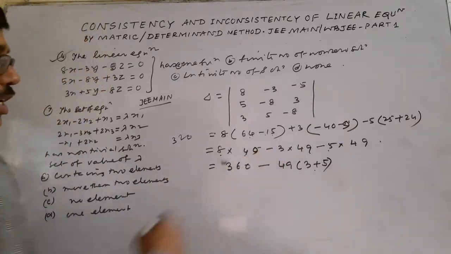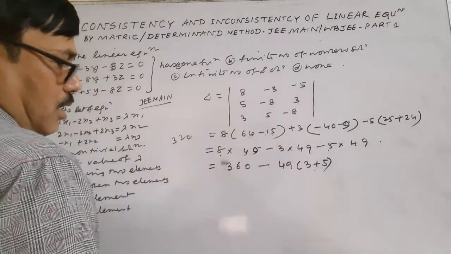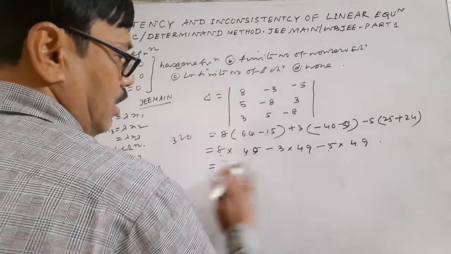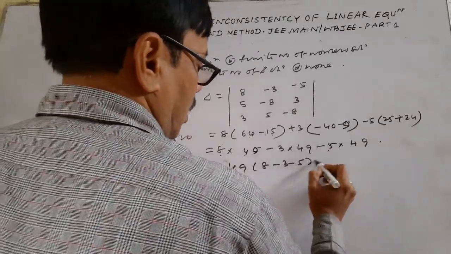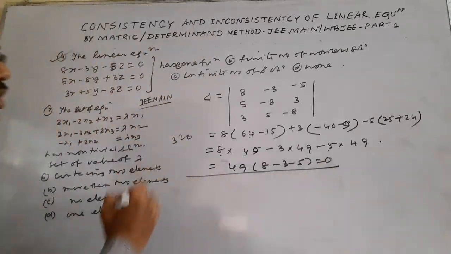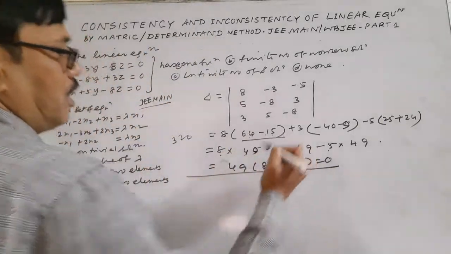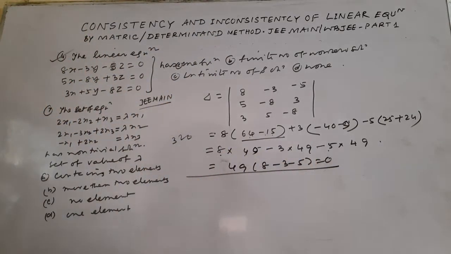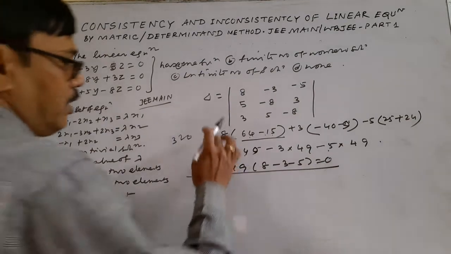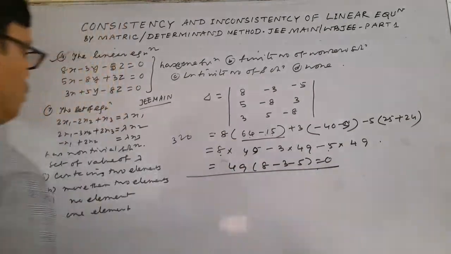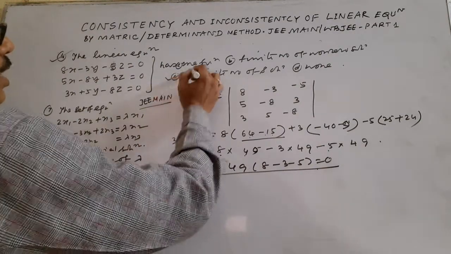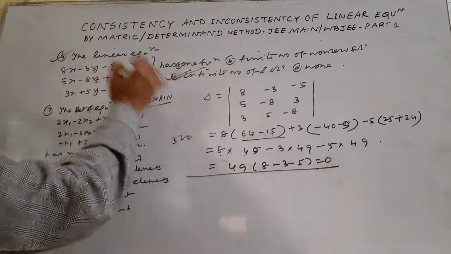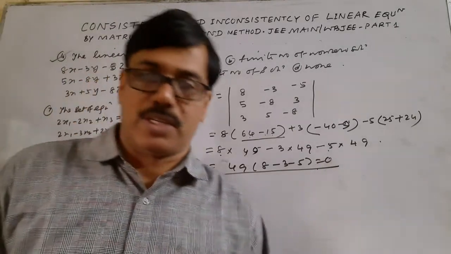So 49 common, and 8 minus 3 minus 5 equals 0. So very simple problem. We calculate delta, delta equals 0, so infinitely many solutions. It is a homogeneous equation.